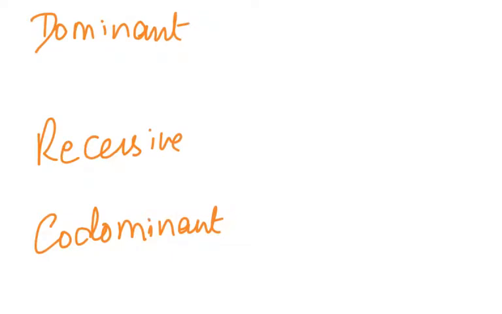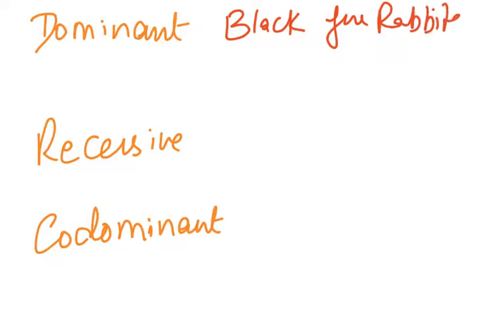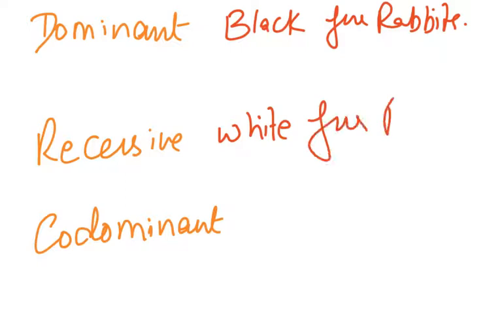Let's talk about the fur color of rabbits. If I say black is the dominant trait, the black furred rabbits, I tell you this in the question. And the recessive trait is the white fur rabbits. Then of course we don't have any other problem.